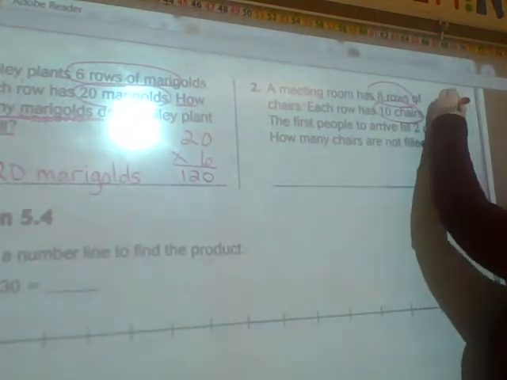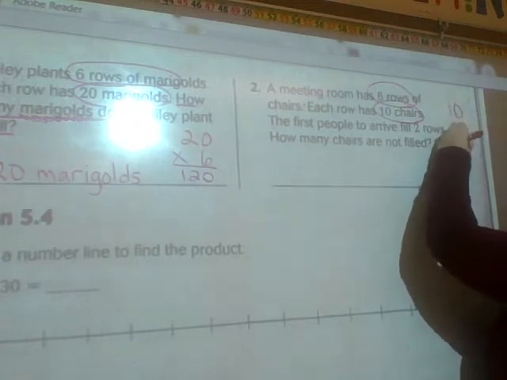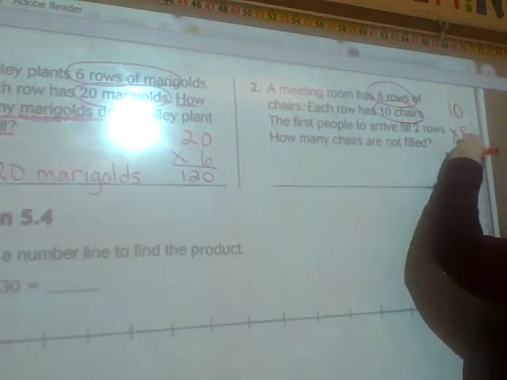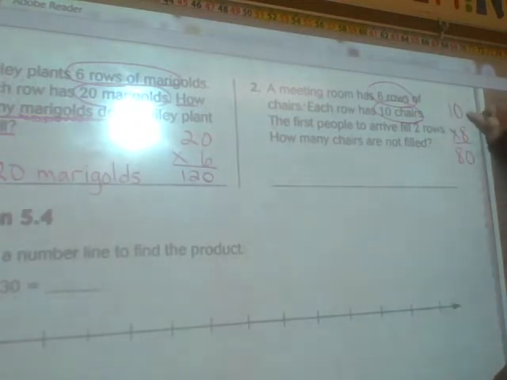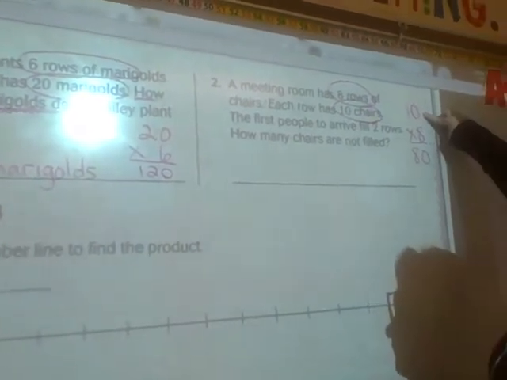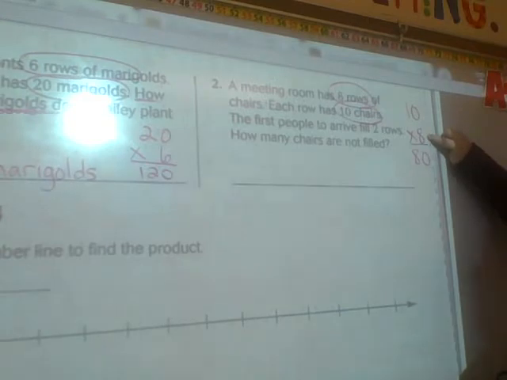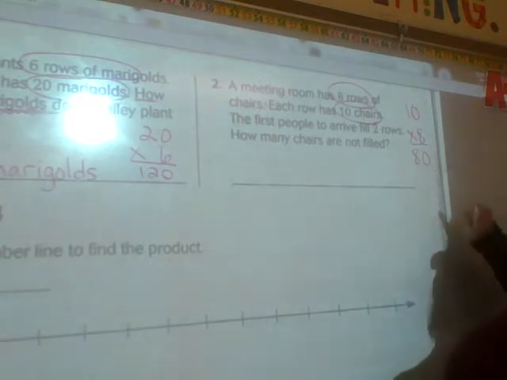So 10 times 8 is 80. We could also figure that by saying 0 times 8 is 0, and 1 times 8 is 8, 80.